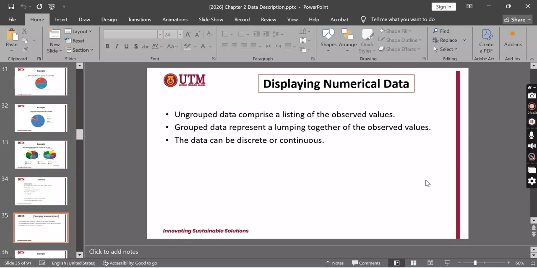Or my weight, I am 70.4 kilograms, for example. Height, I am 160, that means 1.6 meters, for example. Temperature is also continuous. So this is the continuous and this is the discrete.